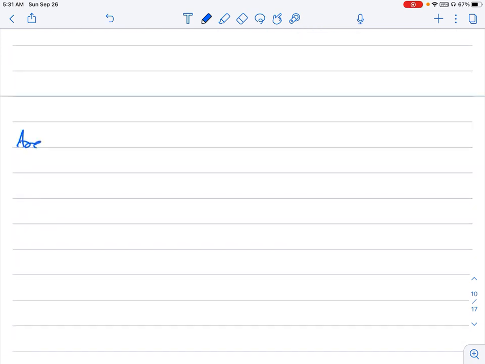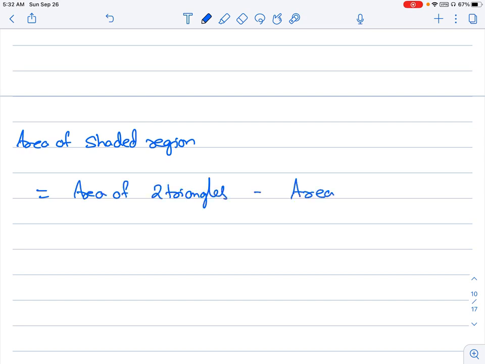So area of shaded region will be area of two triangles minus area of sector.